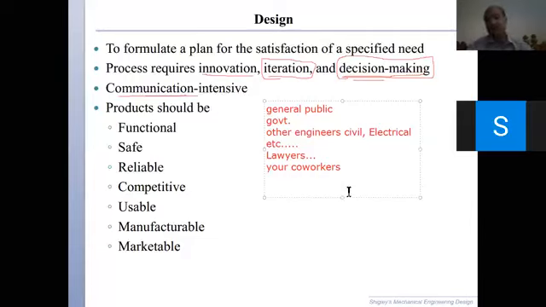A design, जैसे मैंने कहा कि it might involve the general public। आप किसी के लिए कर रहे हैं तो you have to get input from them। ठीक है जी?